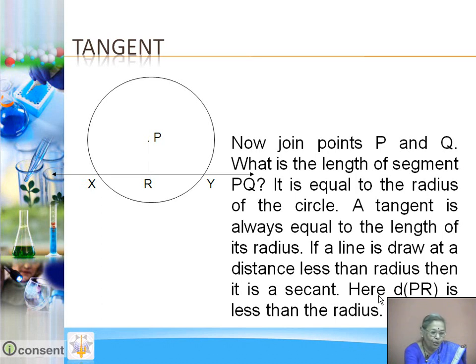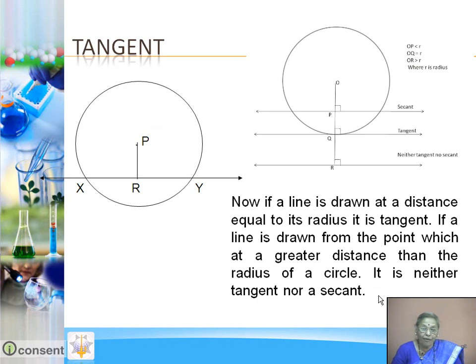If you draw a line which is away from the circle, that is, the distance of this line is greater than the radius of the circle, then it is neither tangent nor a secant. It is outside the circle.